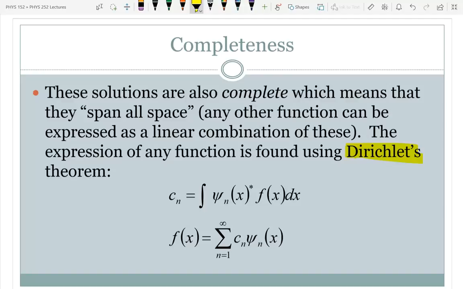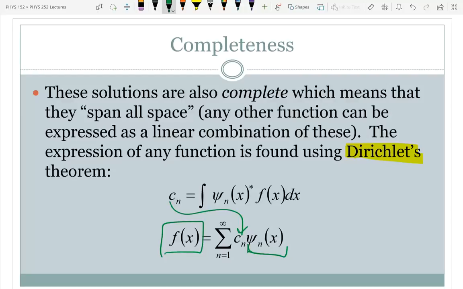He says that we can indeed make any function written in terms of these wave functions as long as the wave functions are complete. And we can find what those coefficients C are by using the orthonormal relationship. So here's what Dirichlet says. We can find the coefficients here by doing that integral.